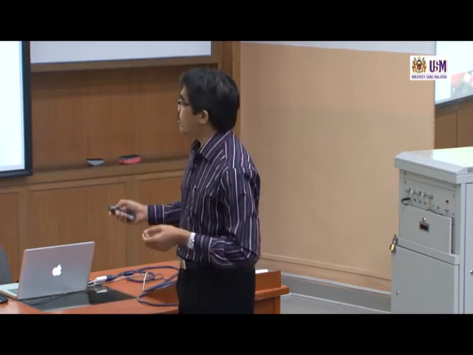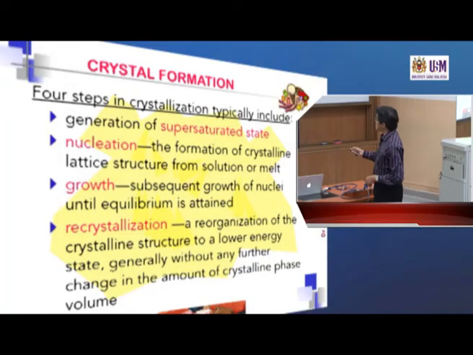When we create a supersaturated solution or supercool melt, they are in a non-equilibrium state. So in order to achieve equilibrium state, they have to be in the form that is thermodynamically in equilibrium, which is in the crystalline form. So the idea of nucleation and growth and finally form a crystal is so that it will achieve the equilibrium state.